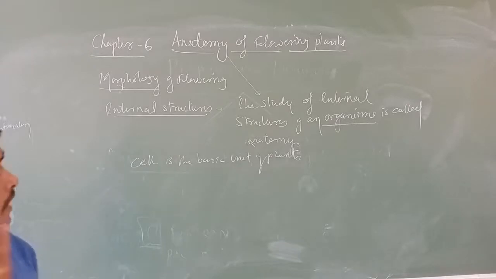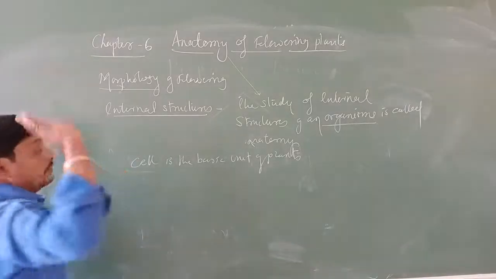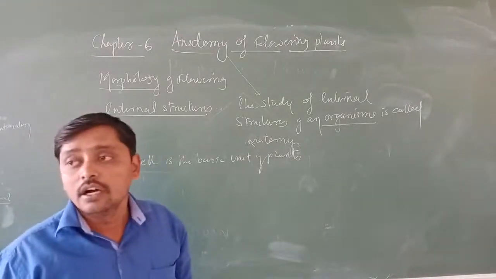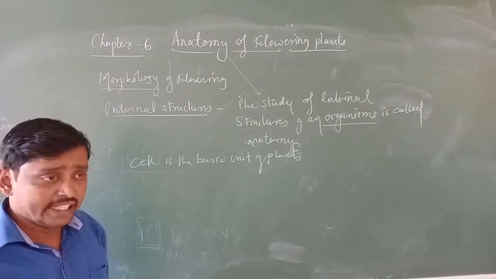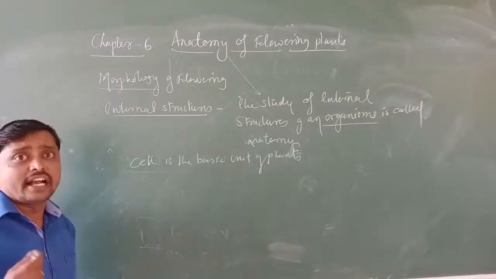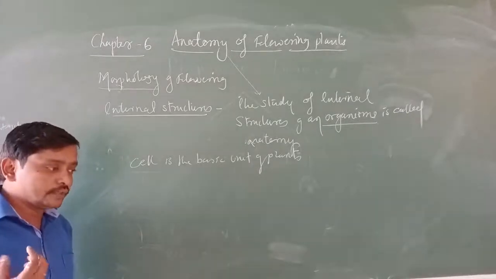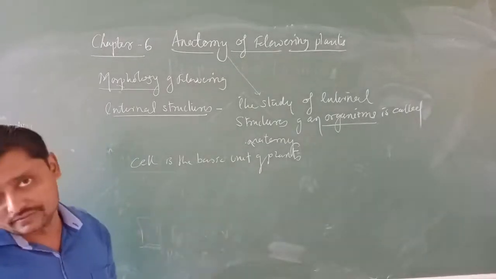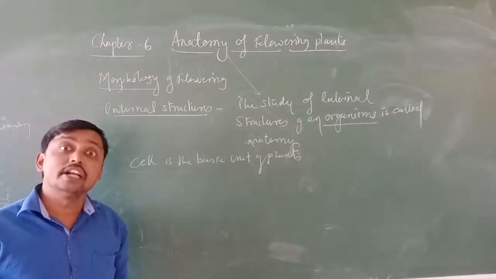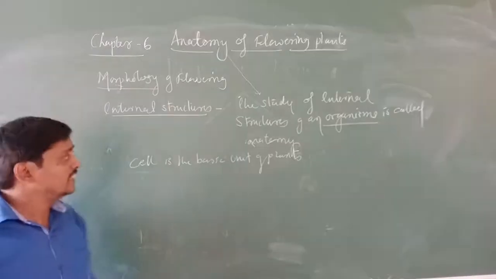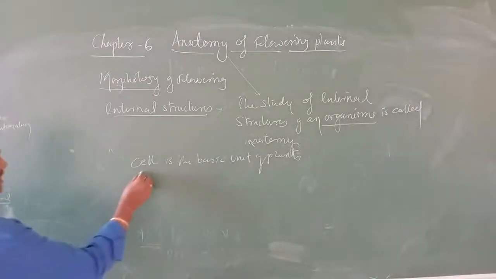Earlier, when we studied the animal kingdom, we discussed cellular organization, tissue level of organization, and organ level of organization. Like that here, you all know this is the cell.